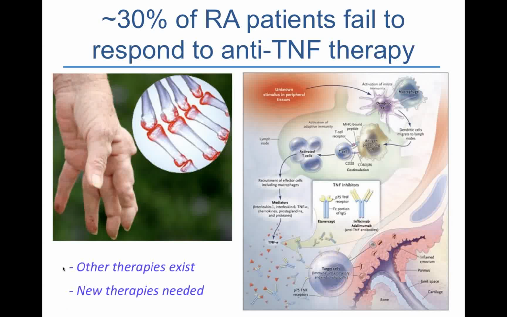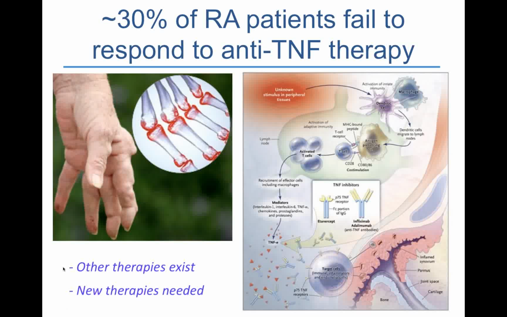But I think probably equally important, and this will come up in the discussion today, is that new therapies are actually needed. If you could understand a biologic basis as to why people fail to respond, or the flip side of that, why they do respond, then you could develop therapies that are targeted against those refractory pathways.